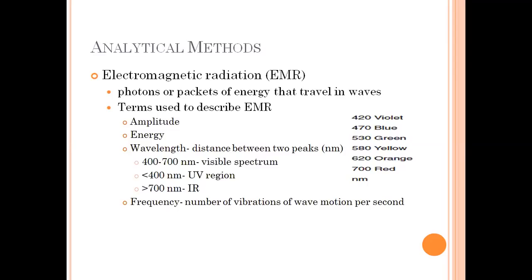Kindly take note that the UV region produces high energy, however, short wavelength, whereas the IR region produces low energy, however, longer wavelength. The UV region and IR region, in general, are known as the invisible spectrum or the invisible light.